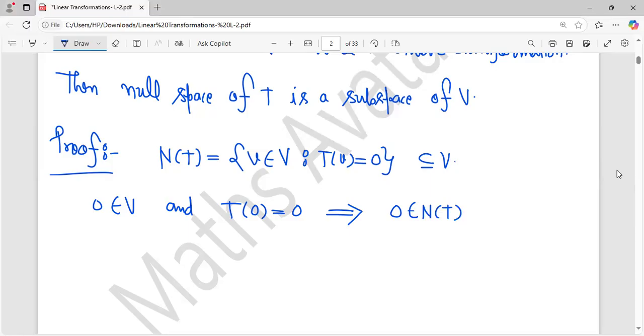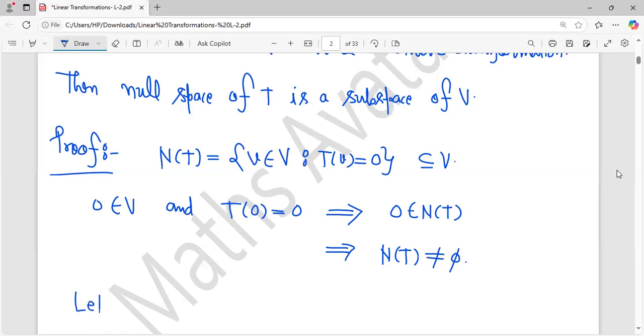So this implies N(T) is not equal to empty set.